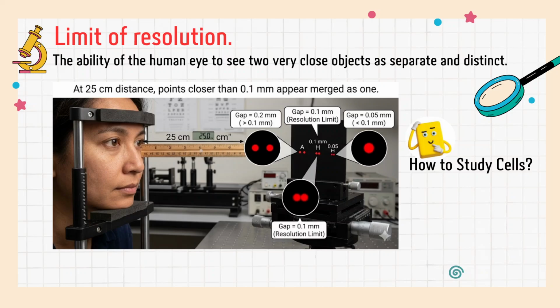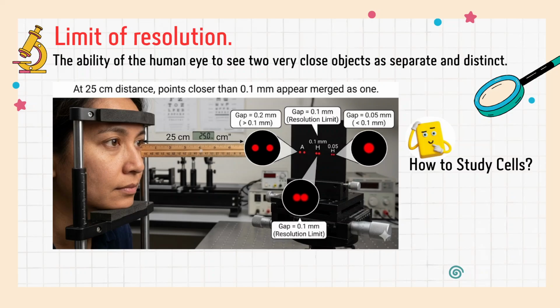The limit of resolution is the minimum distance between two closely spaced objects at which they can still be seen as separate and distinct.